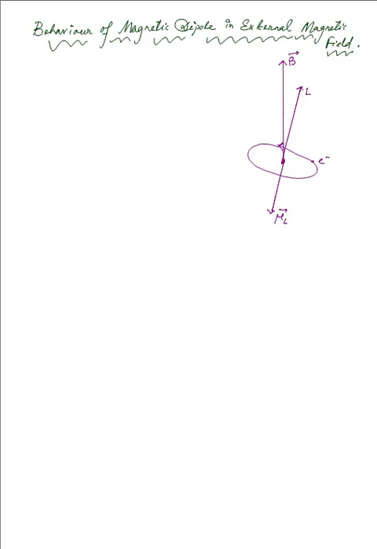Now there will be a torque which will act, and that torque is the dipole moment mu L cross product with B. Tau is simply equal to the dipole moment cross B. We have learned all of this in our segment on magnetism and magnetic effect of current.